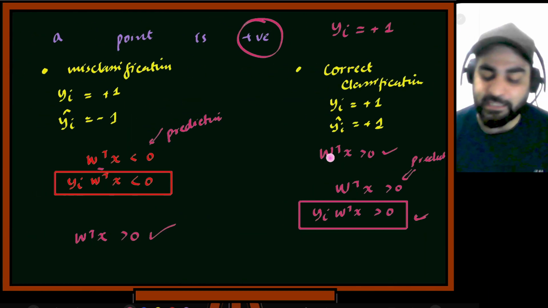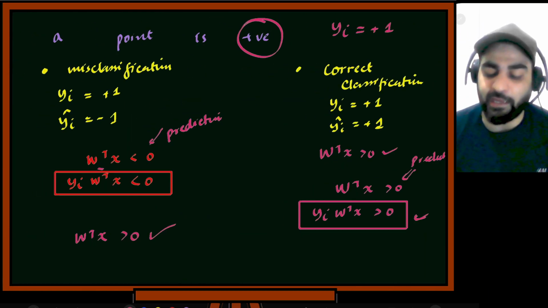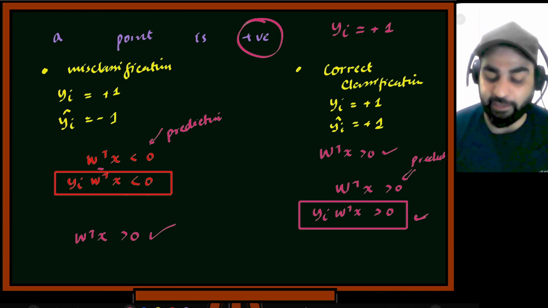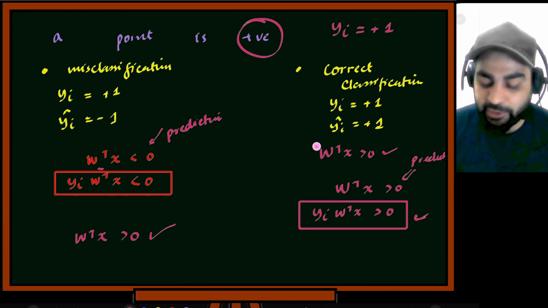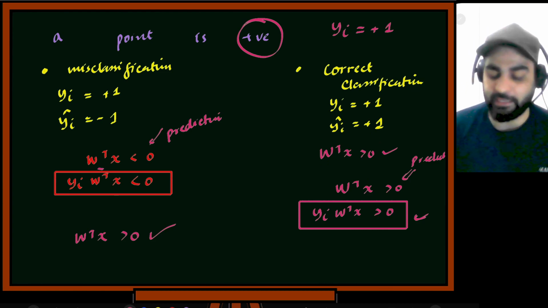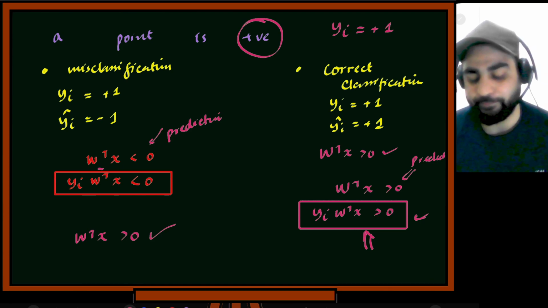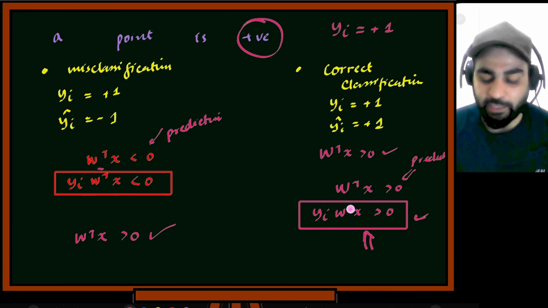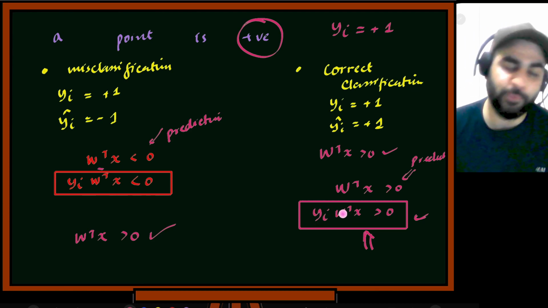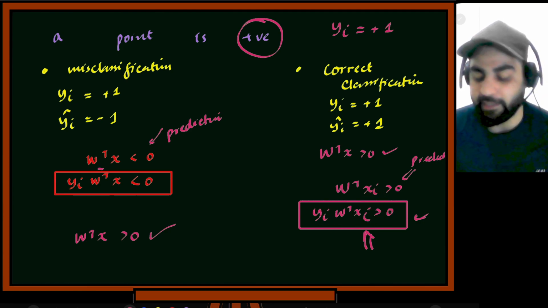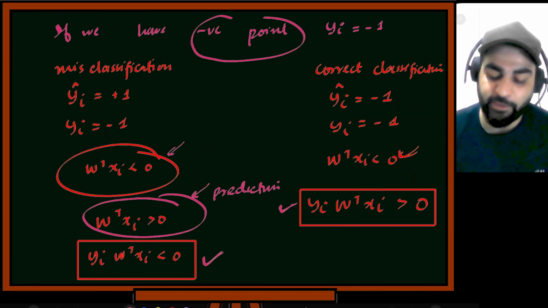But if you see the correct classification, first in the positive class, when it was correctly classified, the prediction is w transpose x greater than 0. If you multiply it with the positive label, you still get a positive result, because positive multiplied by positive is positive. Same for the negative class.